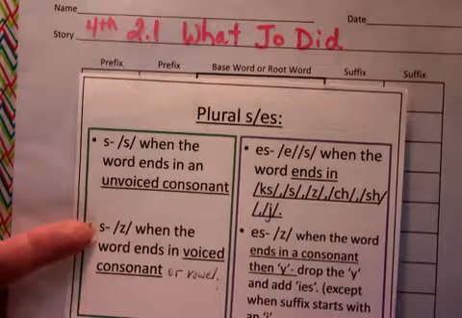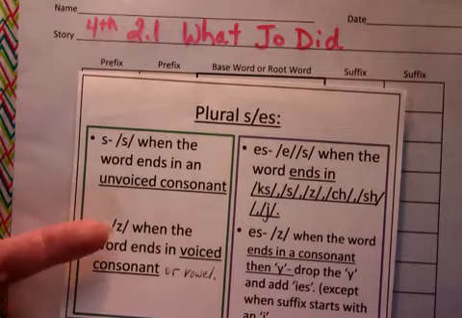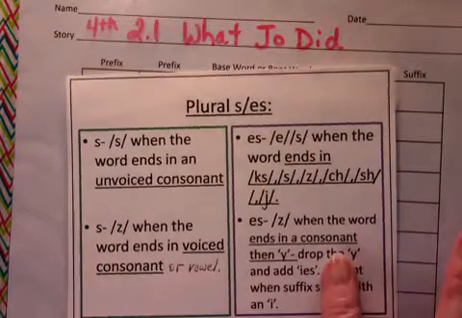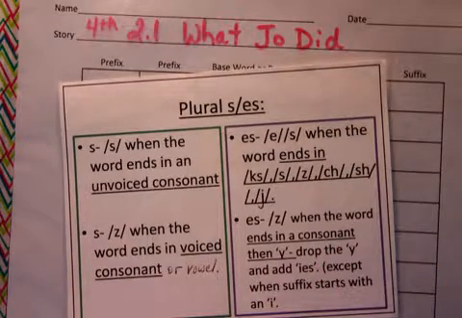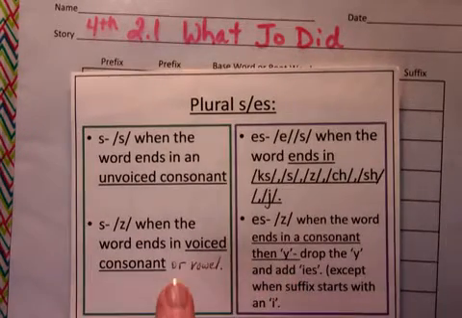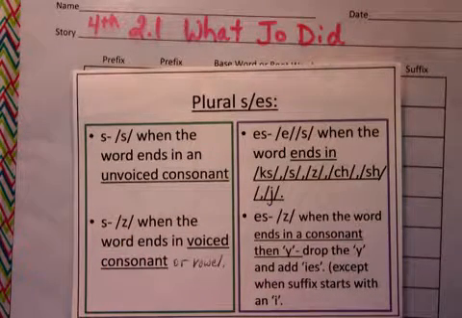The S at the end of the word will say the Z sound when the word ends in a voiced consonant or a vowel, because all vowels are voiced. So if your voice turns on at the end of the word, then you're going to add the S, but it's going to say the voiced Z sound.